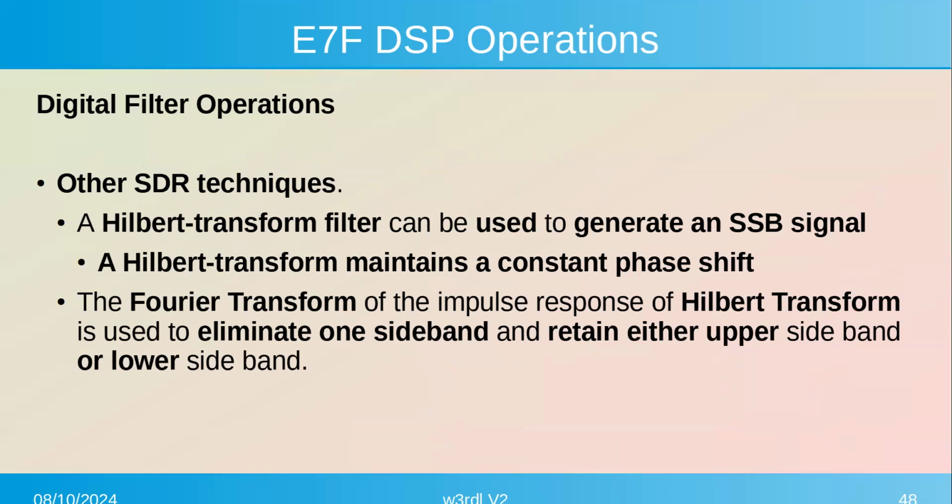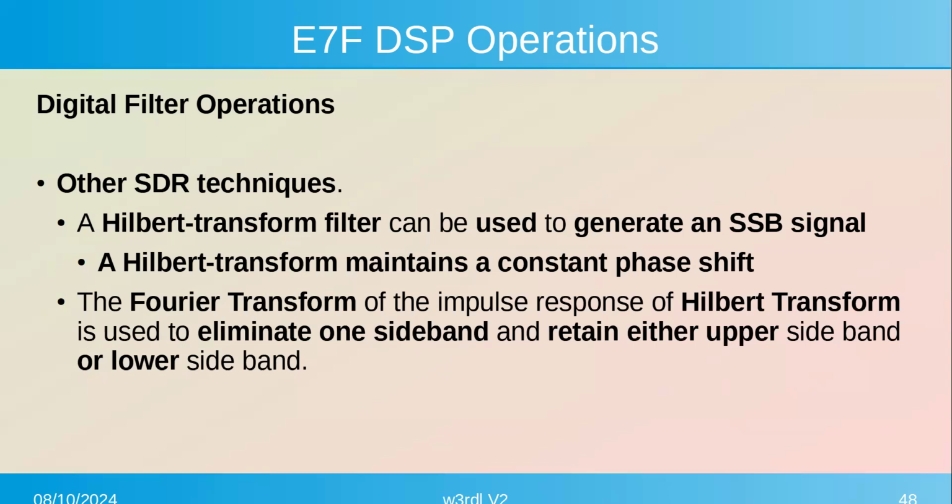is what's called a Hilbert transform filter. The reason it's used is because it's based on a finite impulse response filter, so you can generate a constant phase shift.